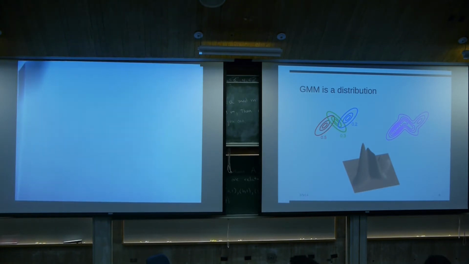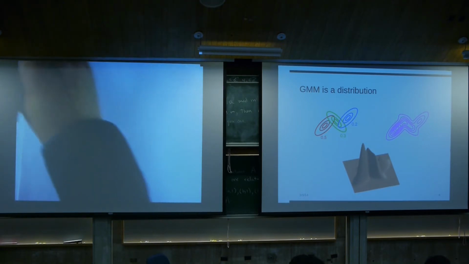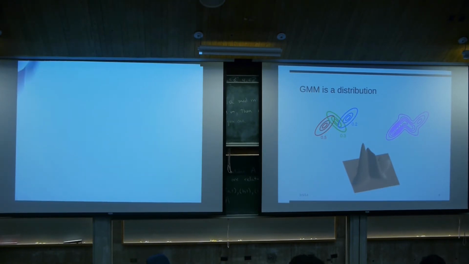So given this model, the next thing is how to learn it. We have a set of parameters in this model. Each component is a Gaussian, so it has a mean vector and a covariance matrix, and the clusters also have priors. We want to learn these parameters from data. Of course, one thing you can do is use maximum likelihood estimation.